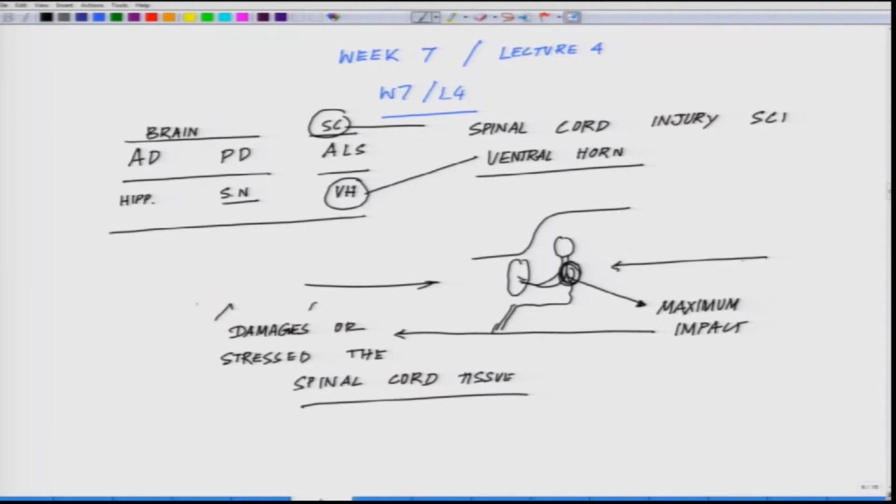So, this whole broad category of damages which are happening in the spinal cord leads to some form of inflammation and injury.